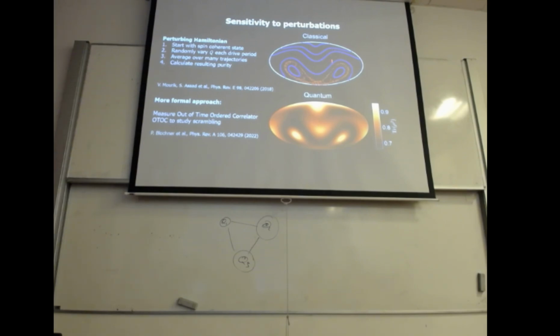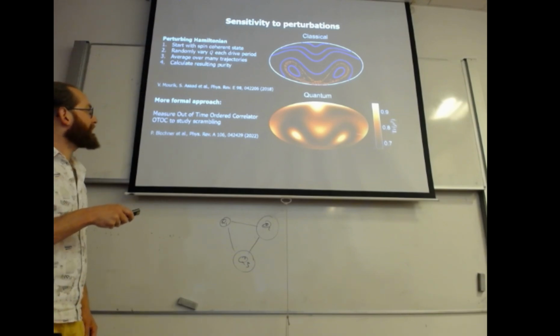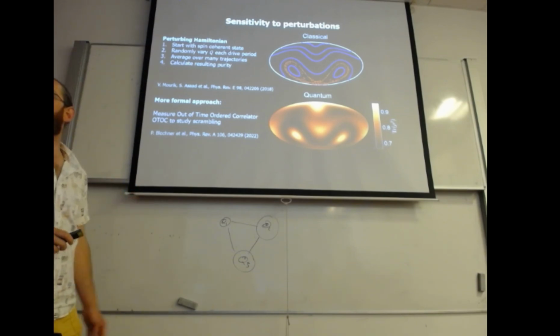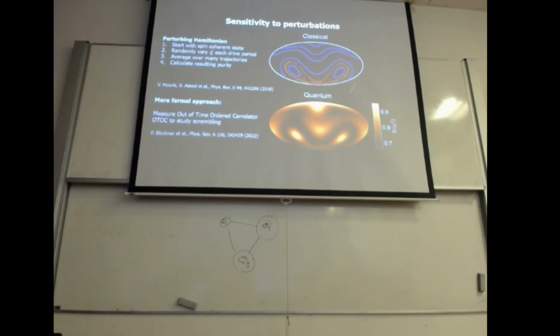And what you can see is that if you compare the classical phase space here with the purity of a quantum state that is evolved under perturbations, we start recovering the shape of the classical phase space. It's not quite the same, but you can see that classically regular regions are less sensitive to decoherence. So this is basically saying that you scramble not as fast, whereas classically chaotic regions tend to be a bit more sensitive to decoherence.